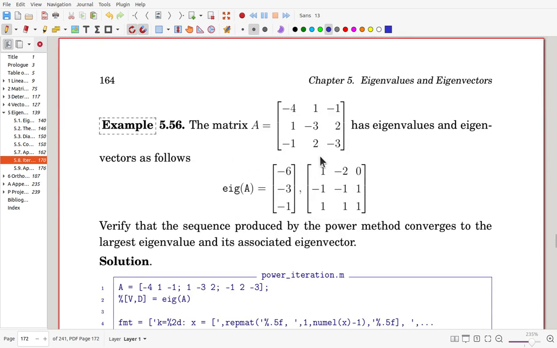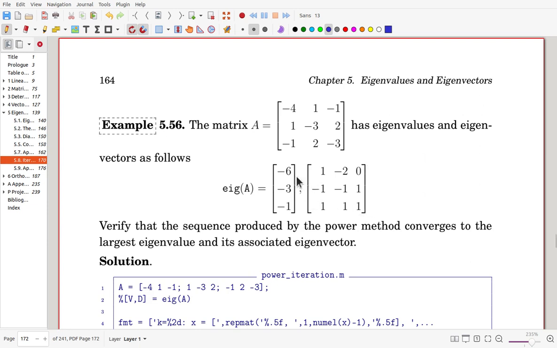A is given in this way, and it has eigenvalues and eigenvectors as follows. If you're using the eig built-in function in MATLAB, then you can find these eigenvalues and corresponding eigenvectors. Minus 4, minus 3, minus 1 are eigenvalues, and their corresponding eigenvectors are these 3 columns.